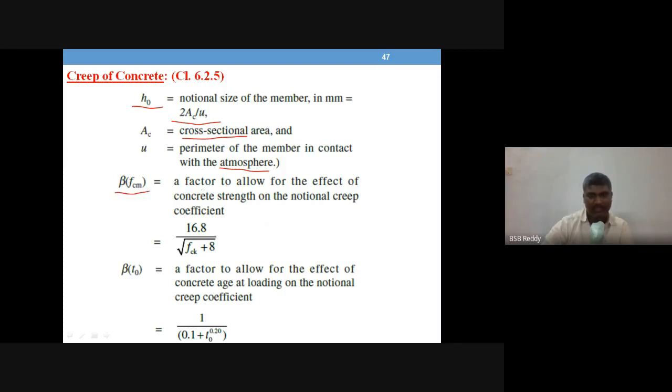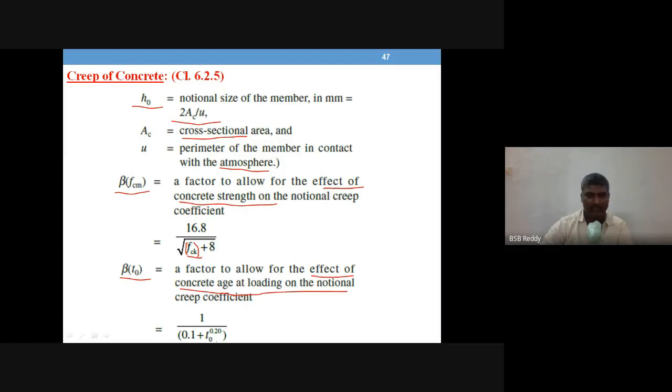As I said, it is a factor to allow for the effect of concrete strength on the creep coefficient. So that is given in terms of fck. So the grade you substitute here, you get the beta value. Similarly, the time factor incorporates the effect of concrete age.